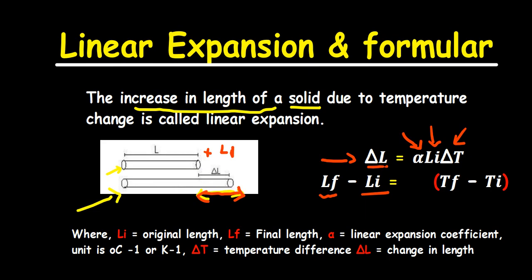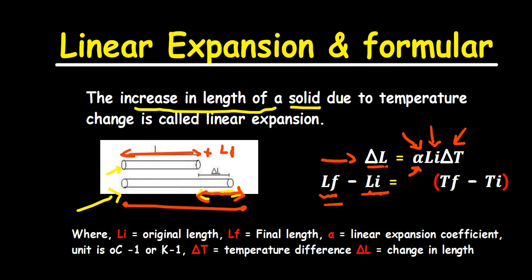The final length is where the rod ends after it has expanded, and the initial length is the original length that the rod had before the expansion took place. LF represents the final length, and LI represents the original length.